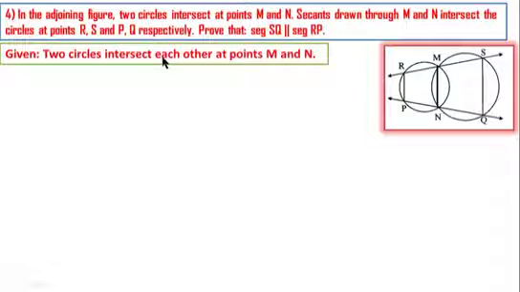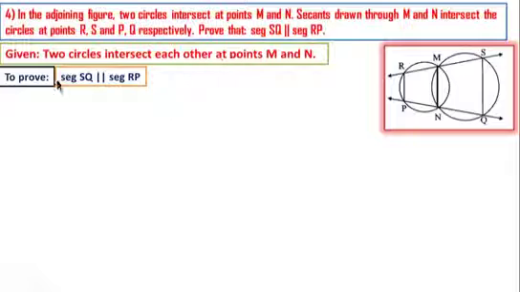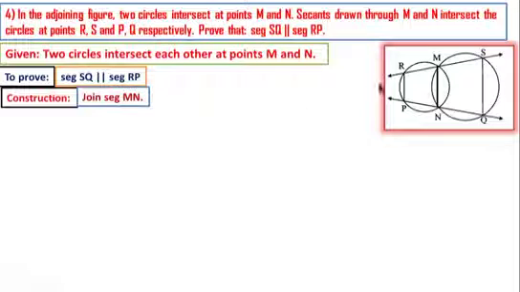Given, two circles intersect each other at points M and N. These are common points. To prove segment SQ is parallel to segment RP. Construction. Join segment MN.